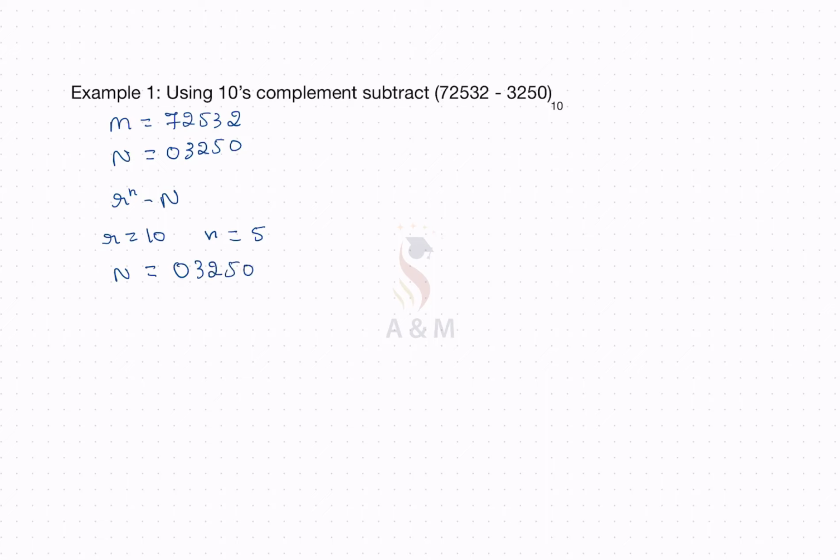Now substitute these values into the r to the power n minus n formula. We get 10 to the power 5 minus 03250, which is equal to 96750.